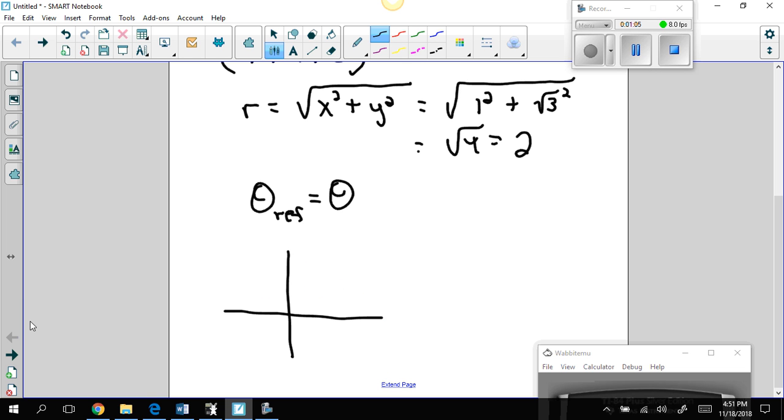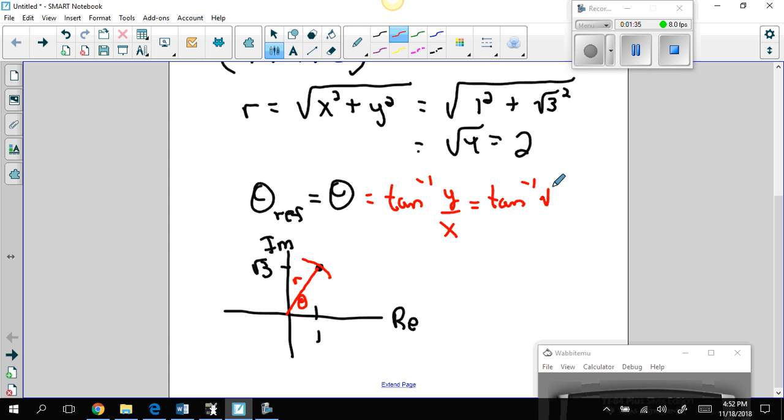If we were to plot this complex number in the real and the imaginary plane, we get over 1, up the square root of 3, and we just plotted a point in an imaginary world. Now we pretend there's imaginary radius and imaginary angle, and we're going to find this angle by inverse tangent of y over x, which is inverse tangent of the square root of 3 over 1, which you should know by memorizing the circle is 60 degrees.